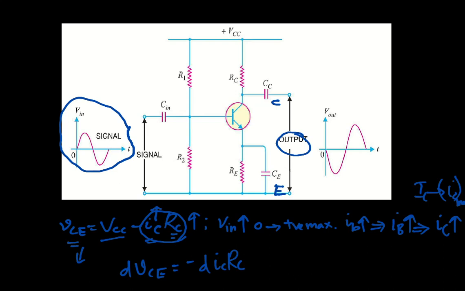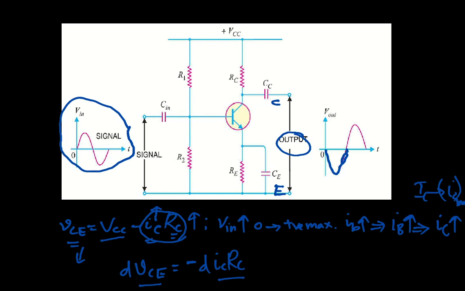That means the change in VCE corresponds to the change in ICRC, but with a negative sign. It means that when the input signal increases in the positive sense, the output increases in the negative sense. That means during the positive half cycle of the input signal, we have an output signal in the negative sense, or the output signal increases in the negative way.